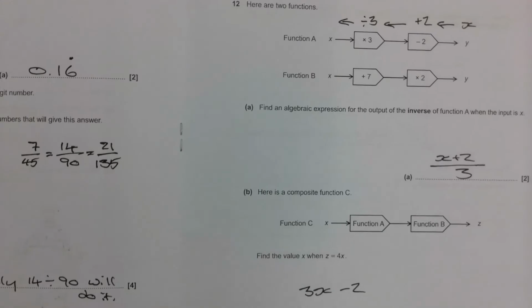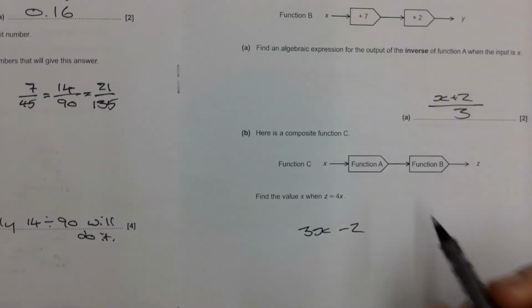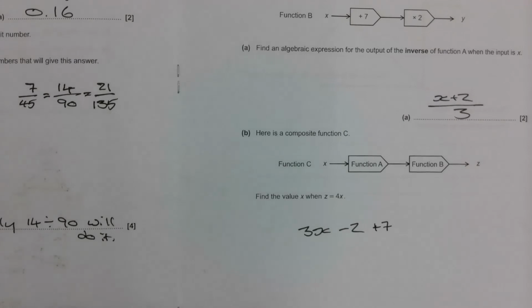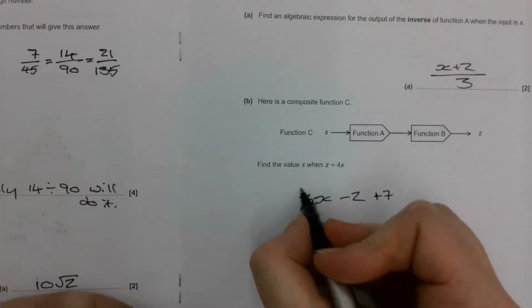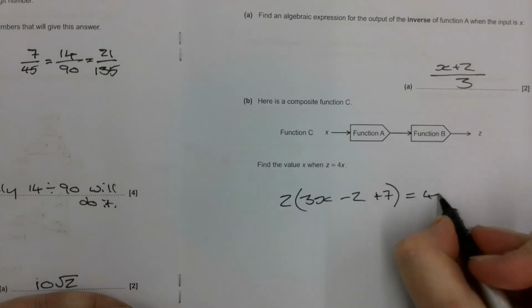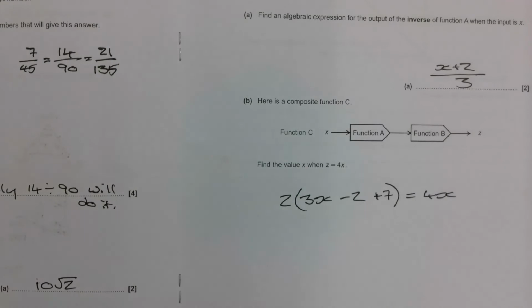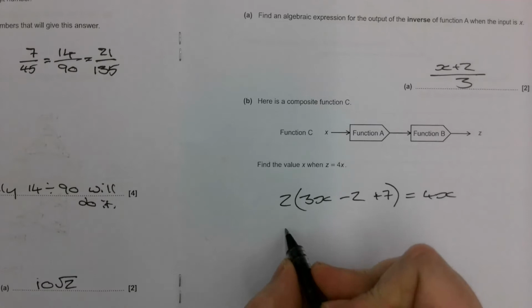Now that's going to go into function b. The first thing that we're going to do when it goes into function b is add on 7. And then we are going to multiply everything by 2. And we are told that that will equal 4x, because z equals 4x. I'm going to multiply out and simplify this. We'll simplify inside the brackets first of all.